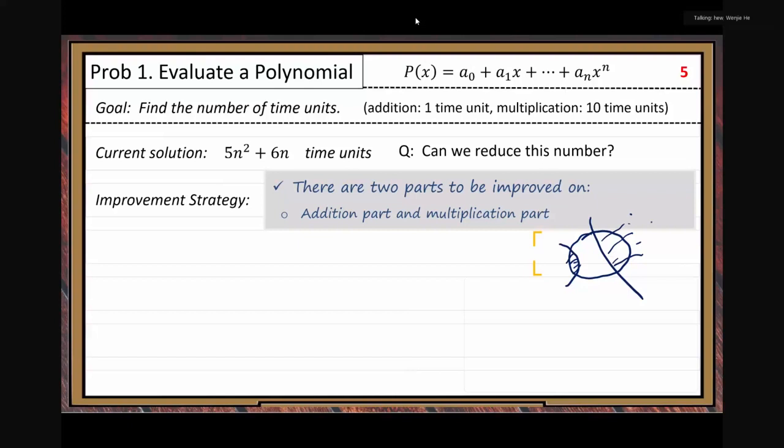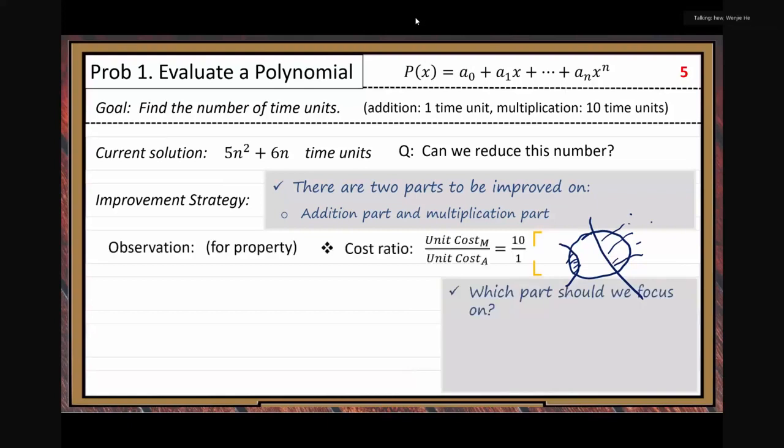Okay, good. That's Amdahl's law. So here, which part should we focus on? The 10-to-1 ratio, the difference is so big. Other than this unit difference, in the formula part there is also a big difference.